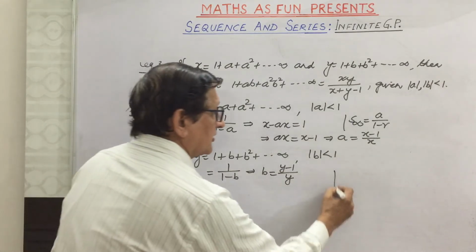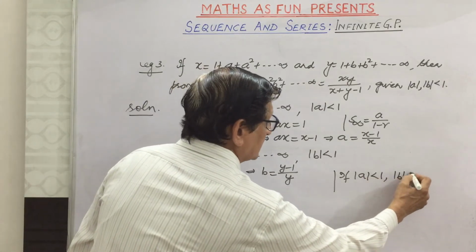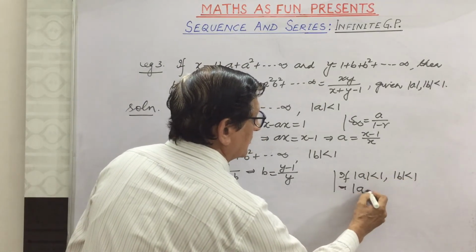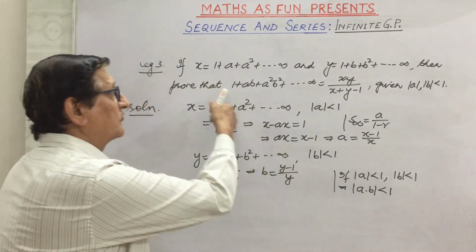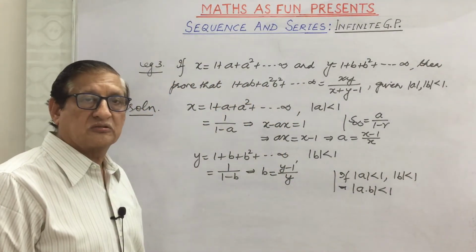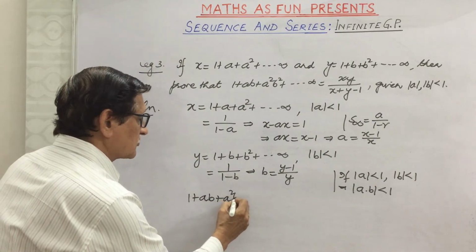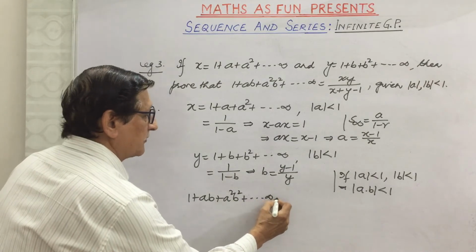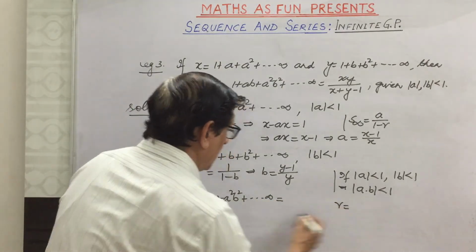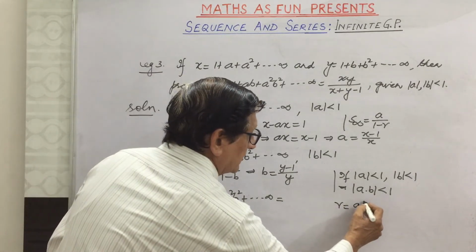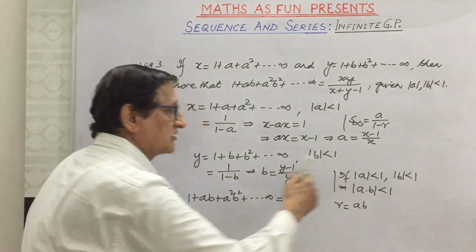We also know that if the magnitude of a is less than 1 and the magnitude of b is less than 1, certainly the magnitude of a into b is also less than 1. This we have to apply to the given sequence, that is 1 plus ab plus a square b square plus so on up to infinity. We find here the common ratio r is a into b, which we have shown is less than 1.